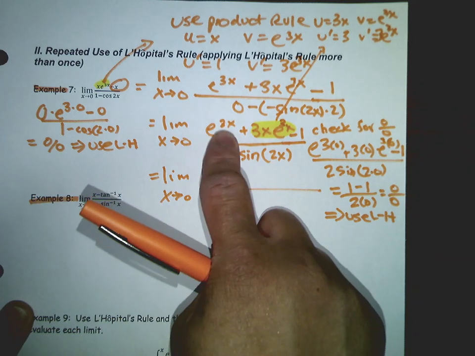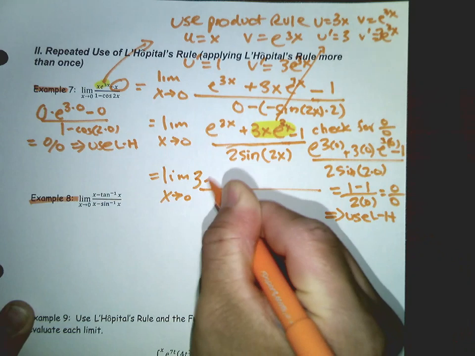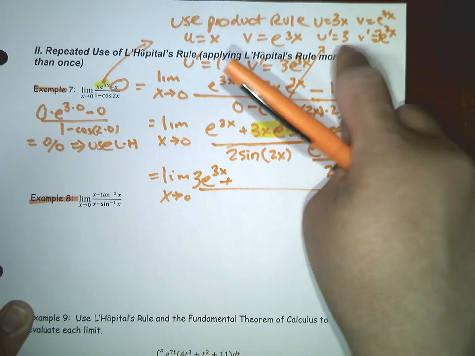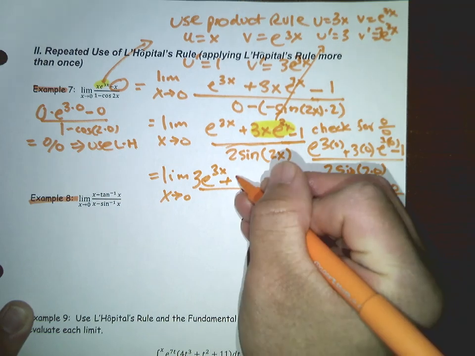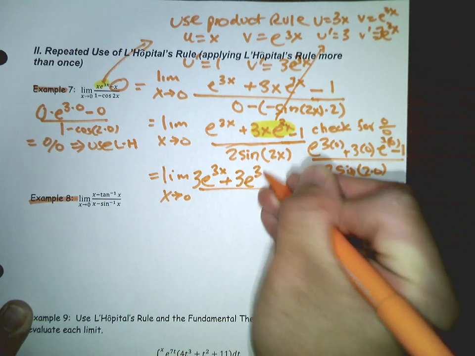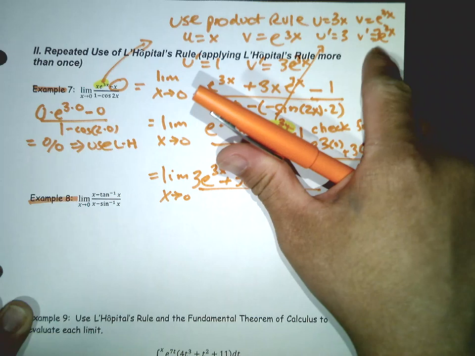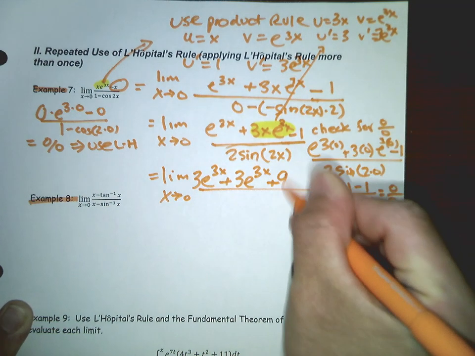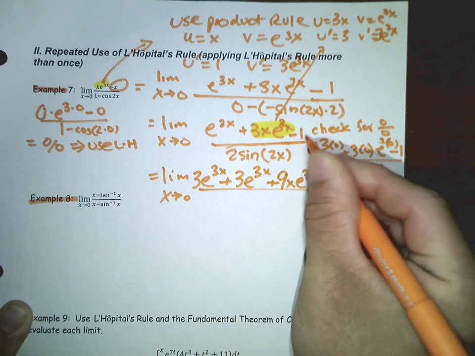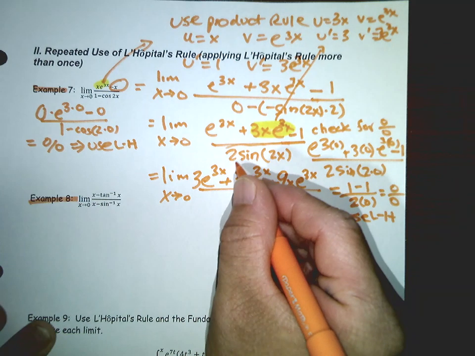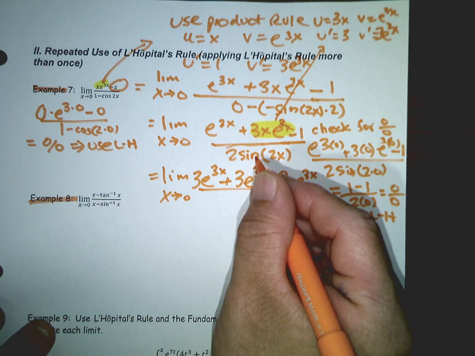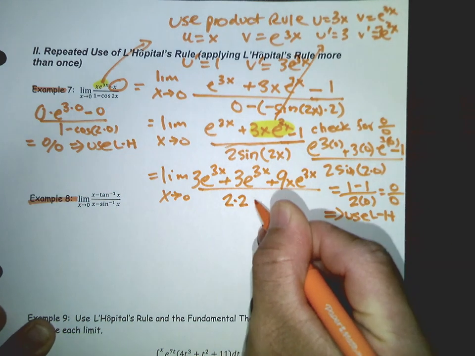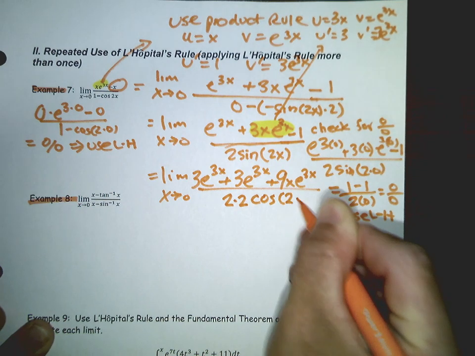So we have the derivative of e to the 3x, which is 3e to the 3x, and then the product rule for 3x e to the 3x: 3e to the 3x, plus 3x times 3e to the 3x, so that's 9x e to the 3x, and then minus the derivative of 1, which is 0, all over 2 times the derivative of sine of 2x, which is 2 times cosine of 2x.